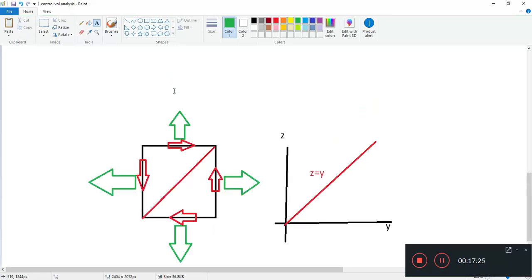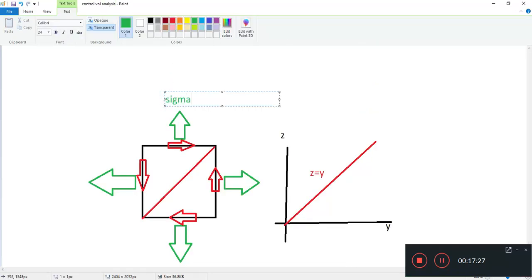The top plane, sigma, it's acting on the plane going in the z direction, zz, and it's evaluated at z plus delta z.